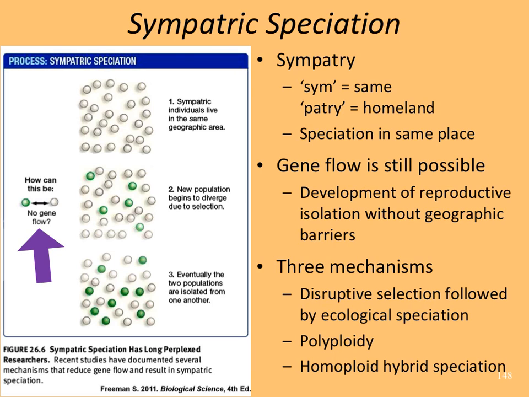Okay, so here's sympatric speciation. It means in the same place. It means there's still some gene flow here. And if there's gene flow, there's not isolation. So how can it actually happen? For a long time, people said it didn't happen. But there are some examples. And we often see this with insects and the plants that they eat.